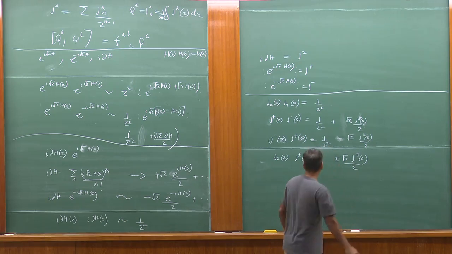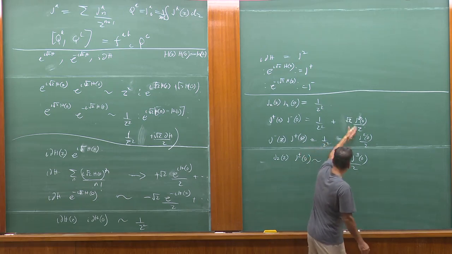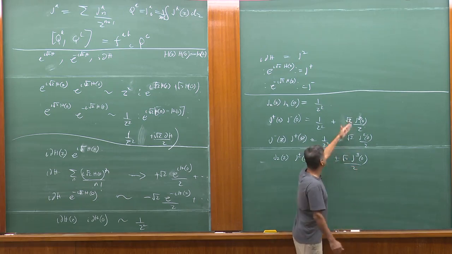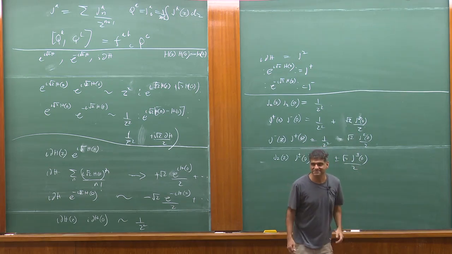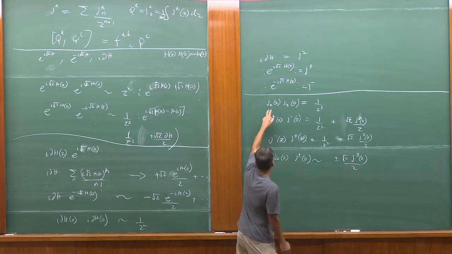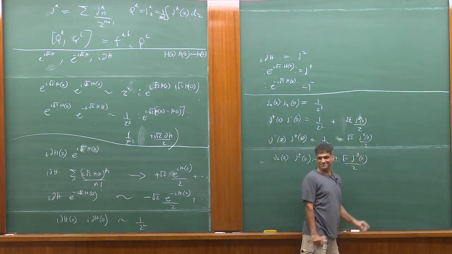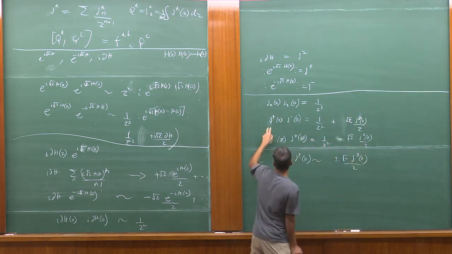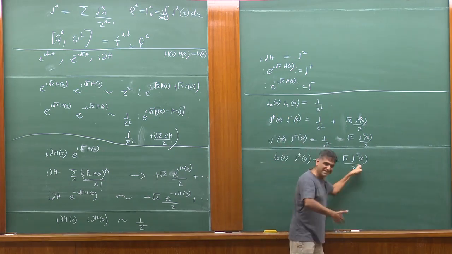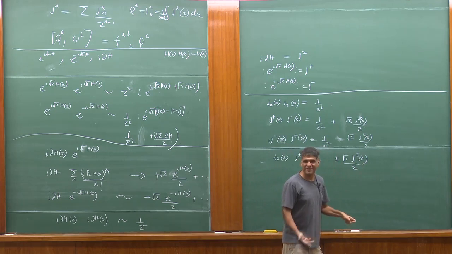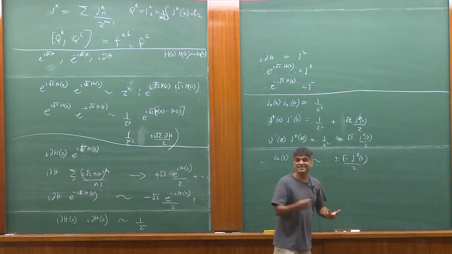And second, we see that what we've got here is very similar to the commutation relations of the SU2 algebra. The commutator of Jz with Jz is 0. The commutator of Jz with J plus is J plus. The commutator of Jz with J minus is minus J minus.